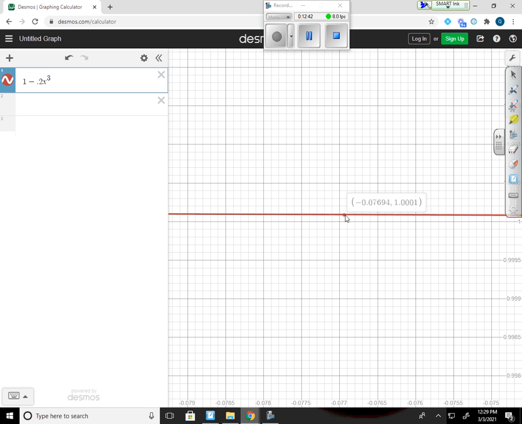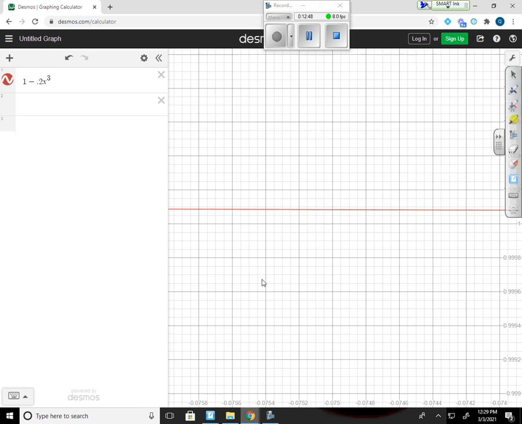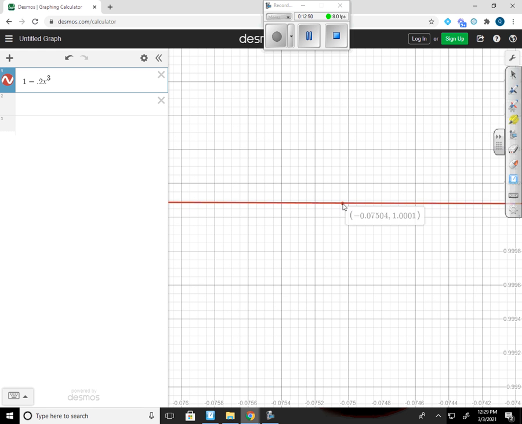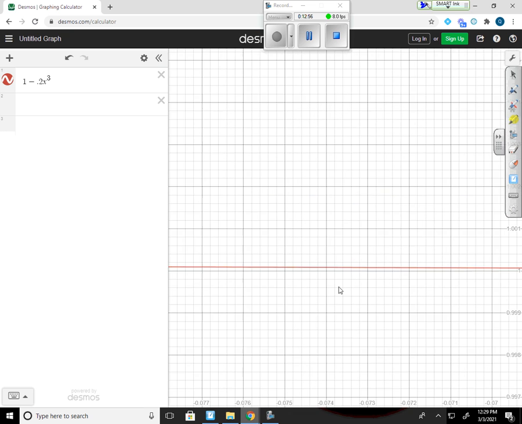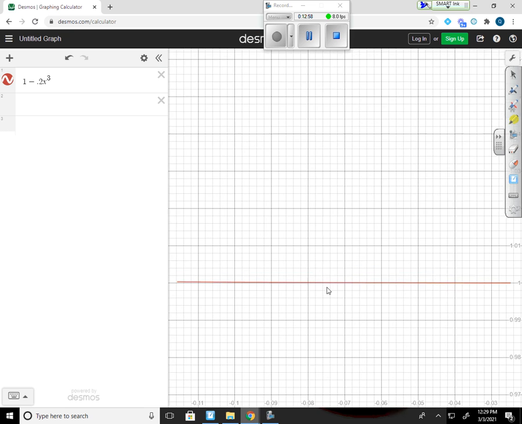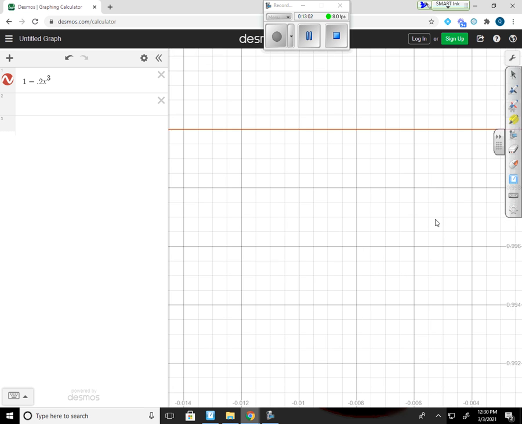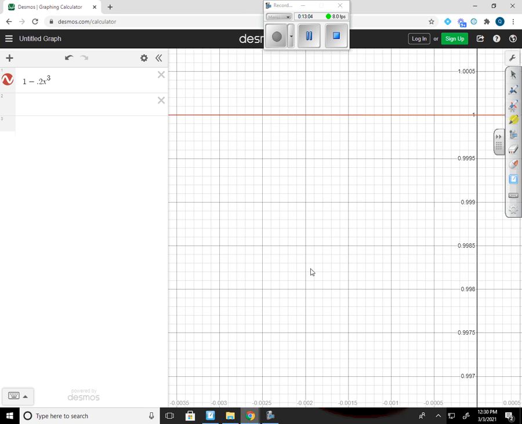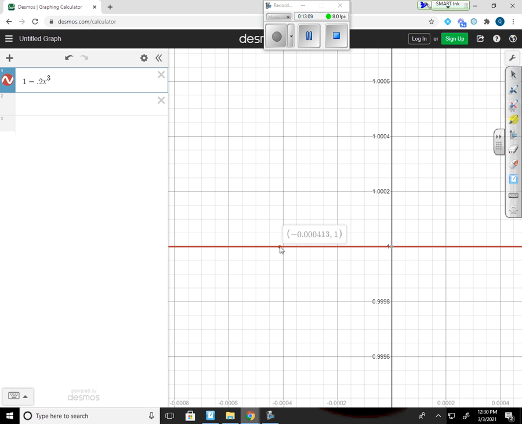Like for instance this one. Because we said it was a horizontal at 1, and now it's changing because it's 1.001 here. And the further I zoom in, this is all staying 1.